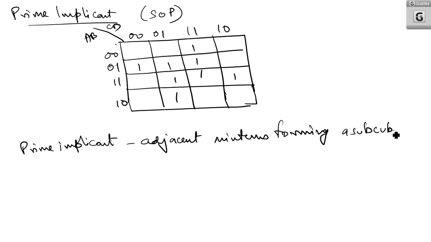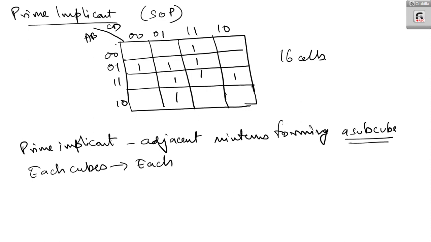Okay. So each cube is also known as each cell. That means here there are 15 cells. So prime implicant means adjacent minterms which form a subcube. That is known as prime implicant.